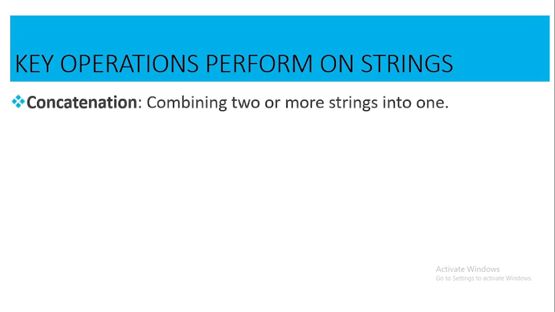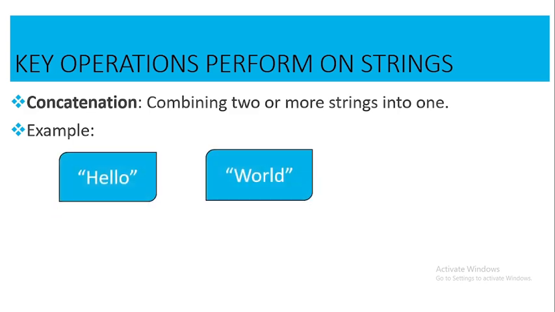So the first operation that we can perform on string is an operation called concatenation. So concatenation simply refers to combining two or more strings into one. So for example, we have hello and then we have world. So we have these two strings.